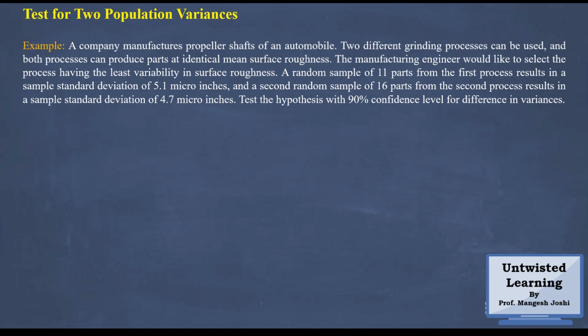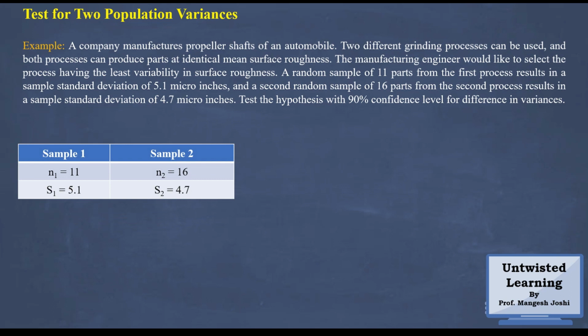A random sample of 11 parts from the first process results in a sample standard deviation of 5.1 microinches, and a second random sample of 16 parts from the second process results in a sample standard deviation of 4.7 microinches. Test the hypothesis with 90% confidence level for differences in variances.